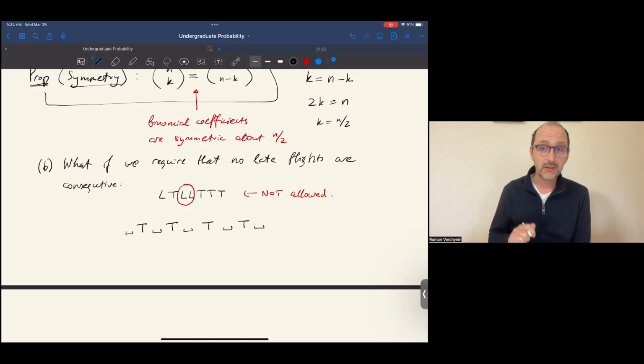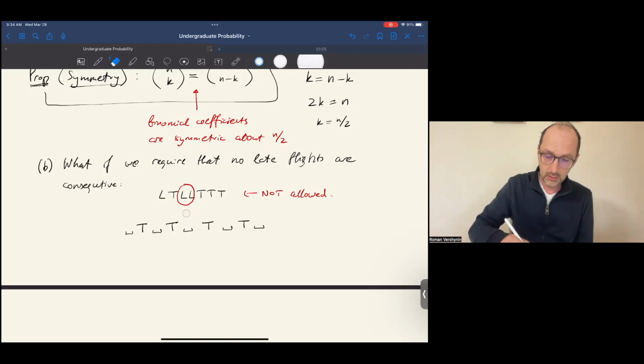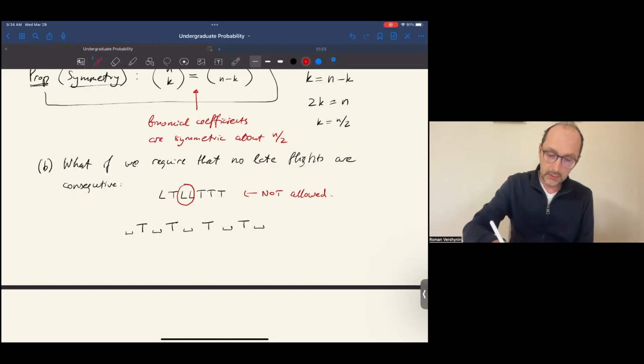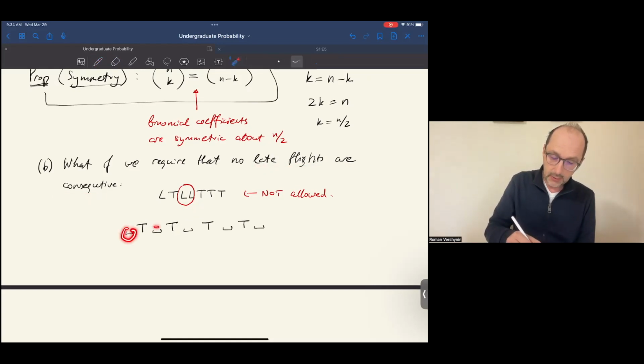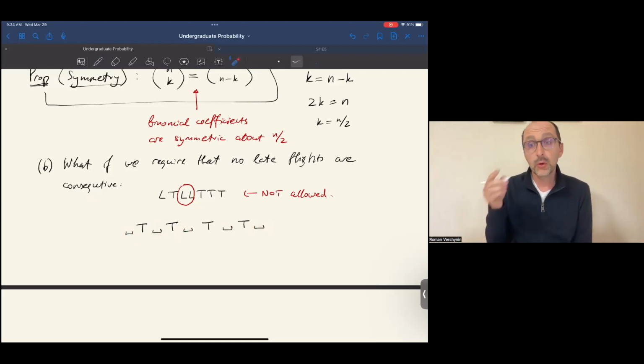Each of these spaces may hold 1 late flight. Can it hold 2 late flights? Can it be like this? No. No late flights are consecutive. So each of these little spaces here can hold 1 late flight or no late flights.